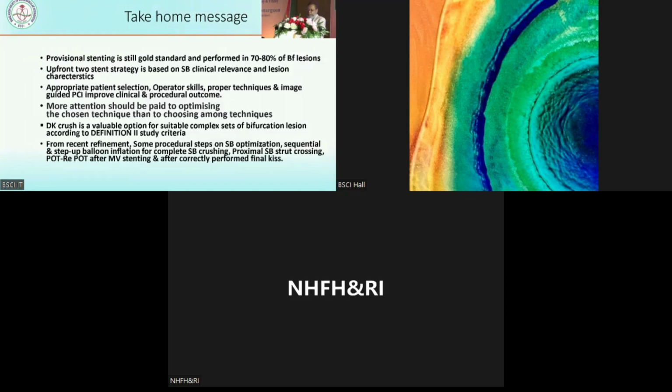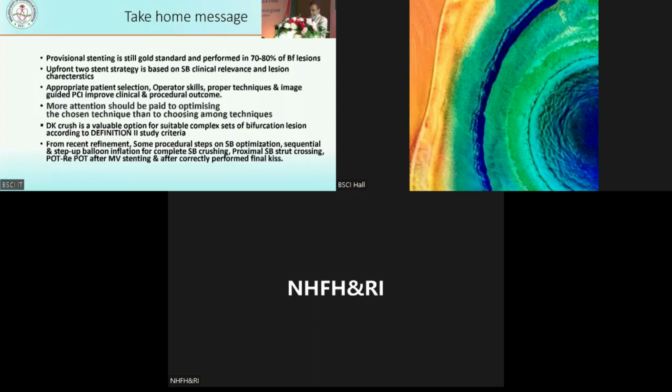And more attention should be paid to optimizing the chosen technique than to choosing among the techniques. And DK crush is a valuable option for suitable complex sets of bifurcation lesions according to DEFINITION II study criteria.